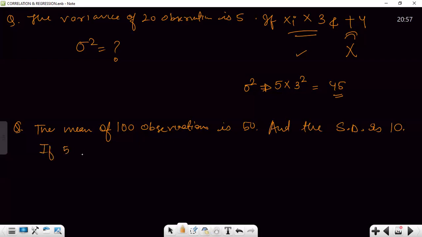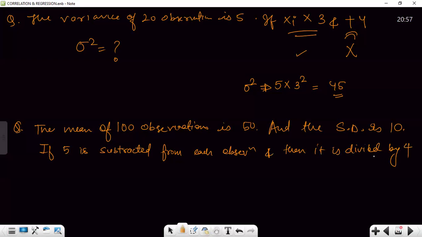If 5 is subtracted from each observation, and then it is divided by 4, then what will be the new mean and new standard deviation?